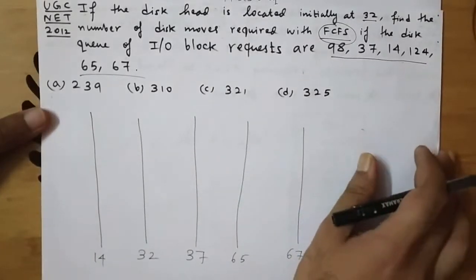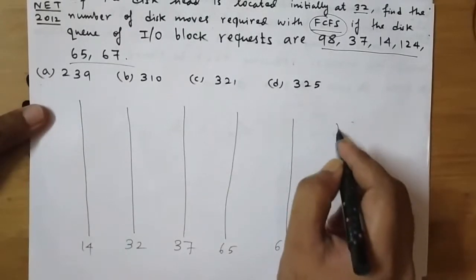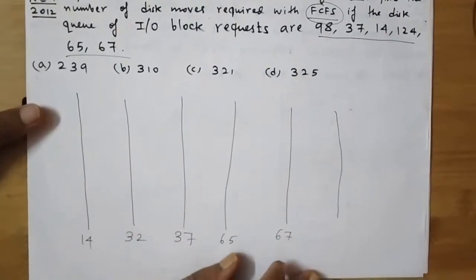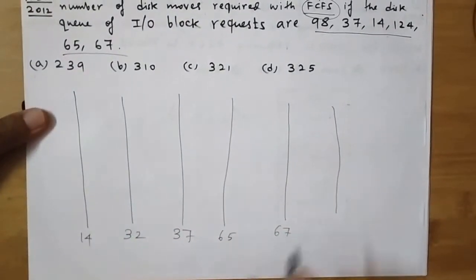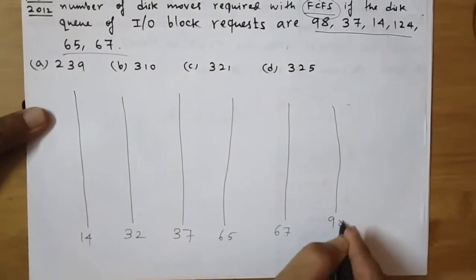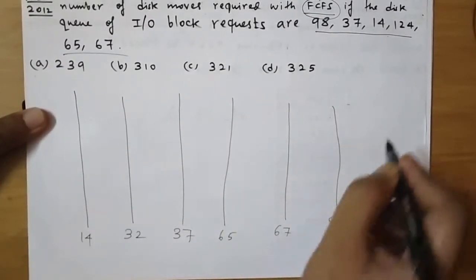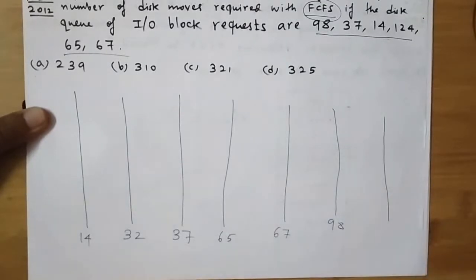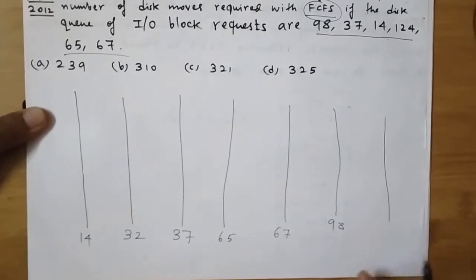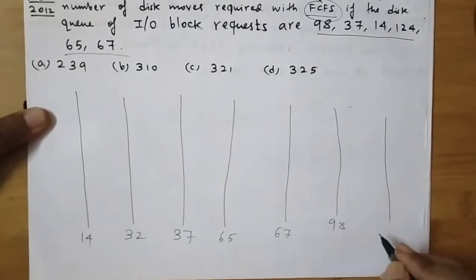Then we have 98, and finally we have 124.